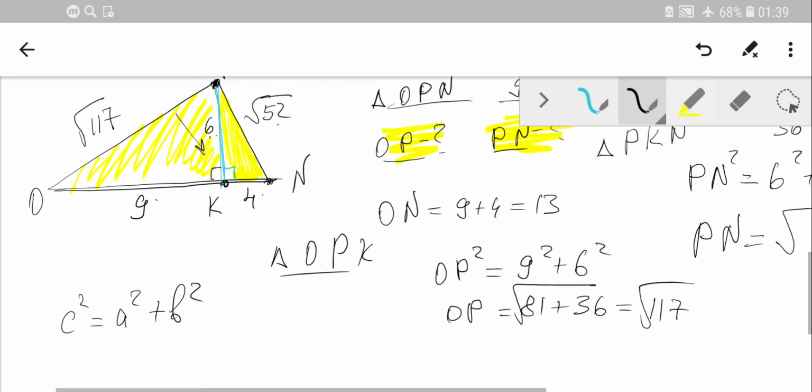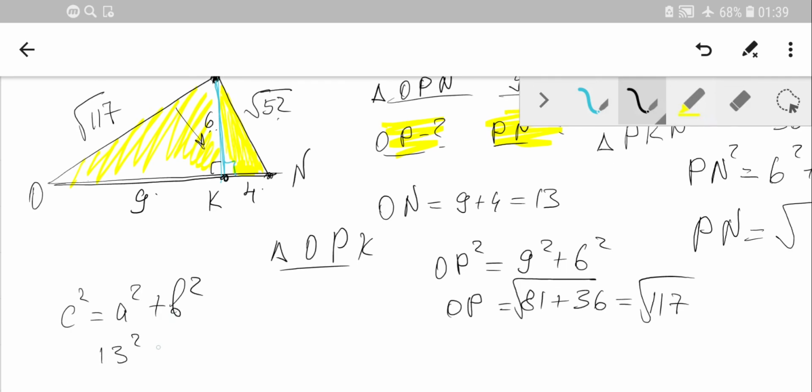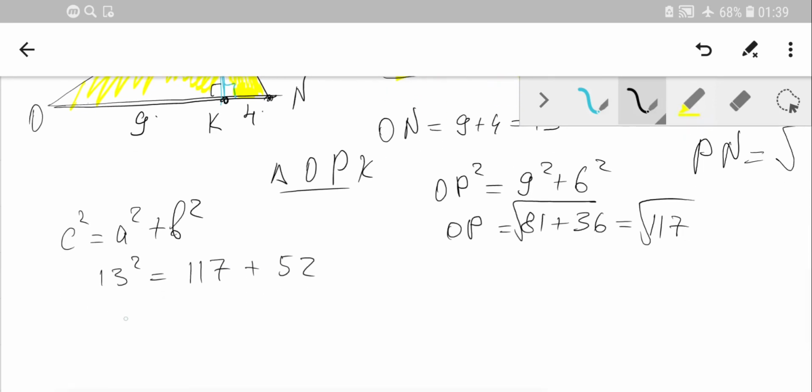So the longest side is 13 squared, equals the square root of 117 squared, so we'll get 117, and then we add 52. All right, so 13 squared means 169, but you can use a calculator to check it.